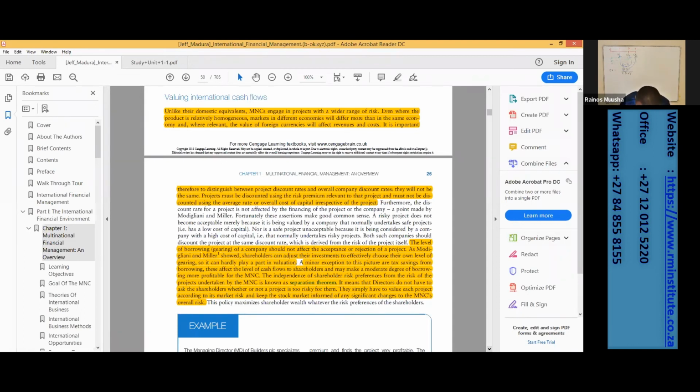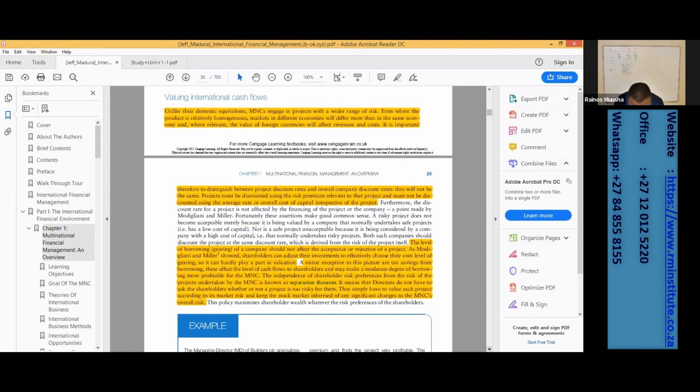So it means that directors do not have to ask the shareholders whether or not the project is too risky for them. They simply have to value each project according to the market risk and keep the stock market informed of any significant changes to the multinational corporation's overall risk.